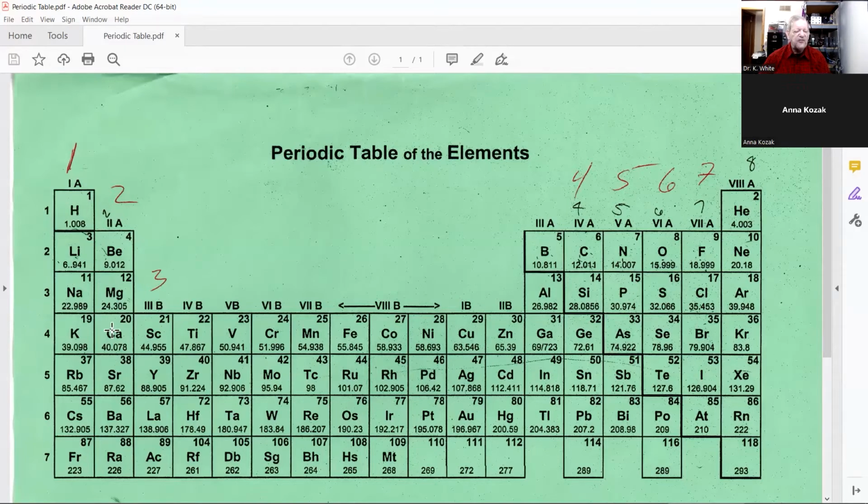Those are always forming ionic bonds. So if you see that in a molecule, those alkali metals or alkaline earth metals will always be cations, plus charge ions.